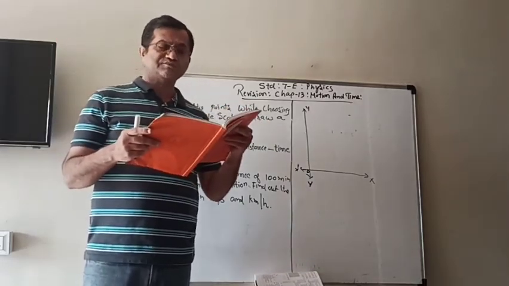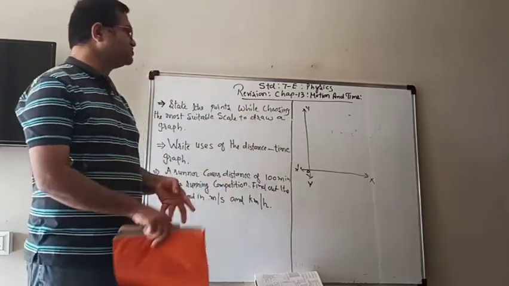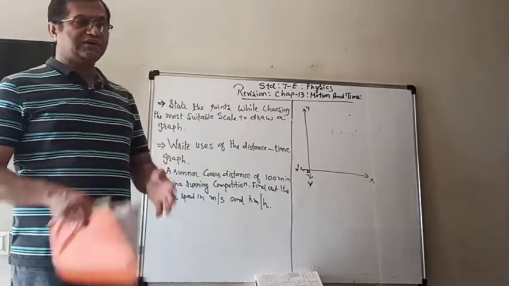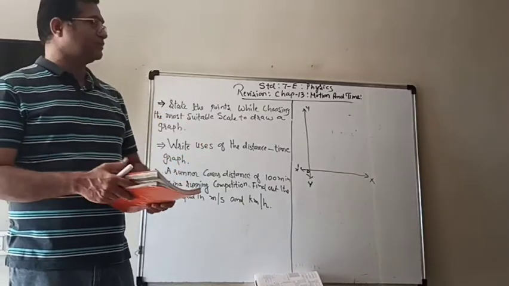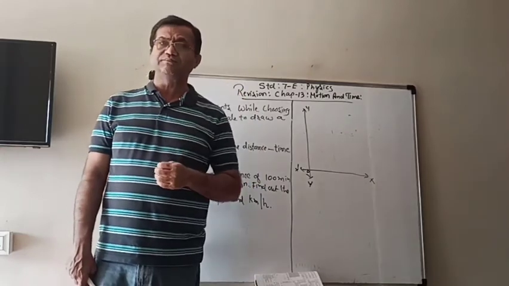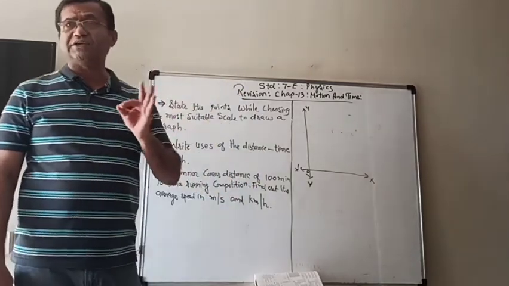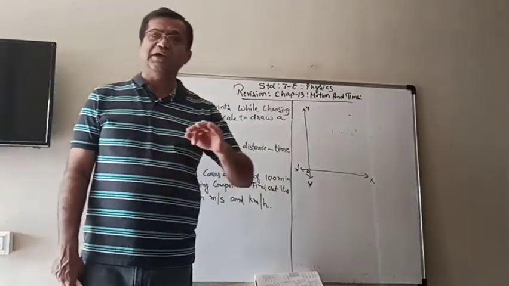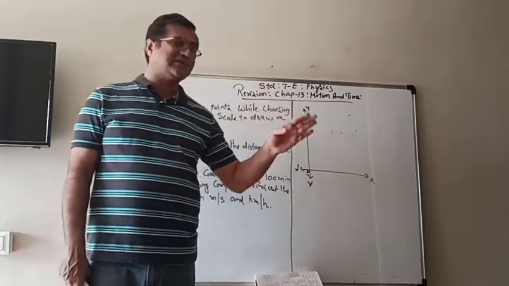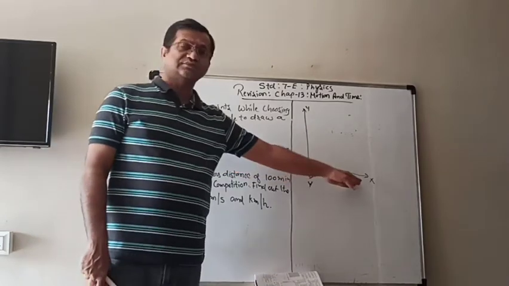Like if it is a distance against time graph, we know that time is an independent variable, meaning time does not depend on any other quantities. So the independent quantity we always put on the x-axis.